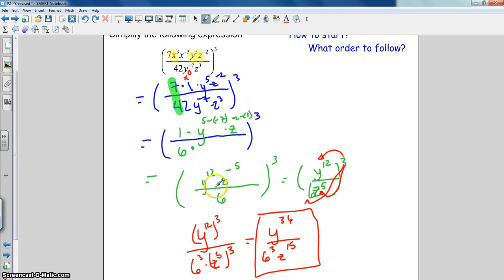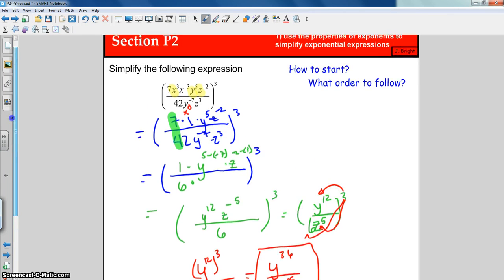And then lastly, after we got it as simplified as we could, we distributed that exponent and got this result at the very end. Now keep in mind, as I mentioned, you could distribute the 3 first and simplify from there. The numbers get higher and a little bit messier, but the algebra will work out to be the same in the end. Okay, so that's a couple examples on simplifying exponential expressions.